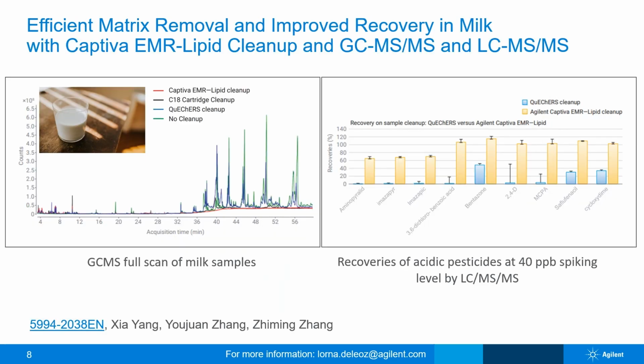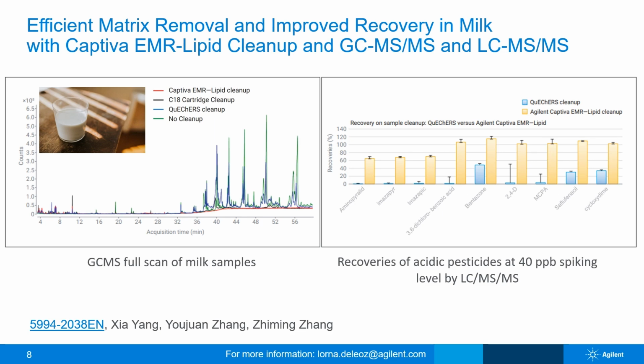On the left, we investigated milk samples for matrix removal efficiency with GC-MS full scan. The Captiva EMR lipid cleanup in red showed 99% of the matrix removal and significantly outperformed the other three cleanup methods.